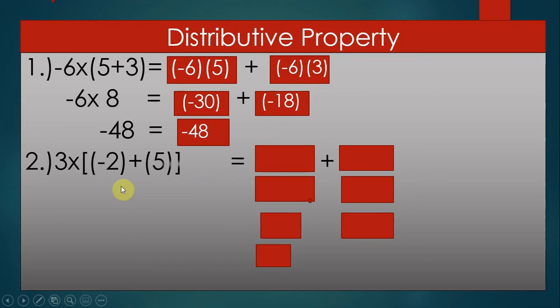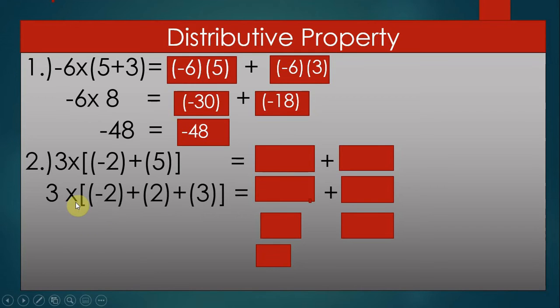Okay. Now number 2, 3 times quantity negative 2 plus 5. So again, there are two ways on how to solve this. Number 1 is through PEMDAS and the other one is by distributive property. How about PEMDAS first? That will be 3 times negative 2 plus, we split up positive 5 into 2 and 3.